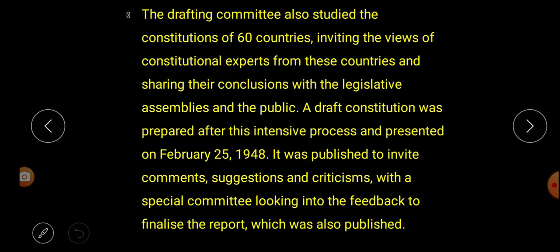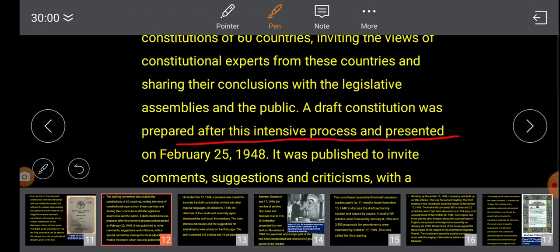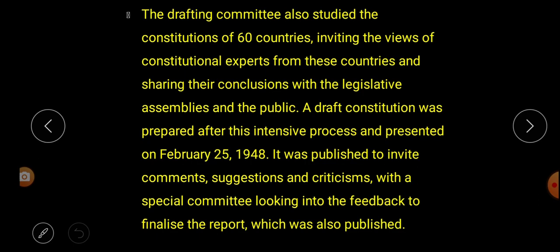A draft constitution was prepared after this intensive process and presented on February 25, 1948. That means this drafting committee studied the constitutions of 60 countries. They also invited the views of experts from different constitutions, and they asked their opinion to conclude with the legislative assembly and the public.